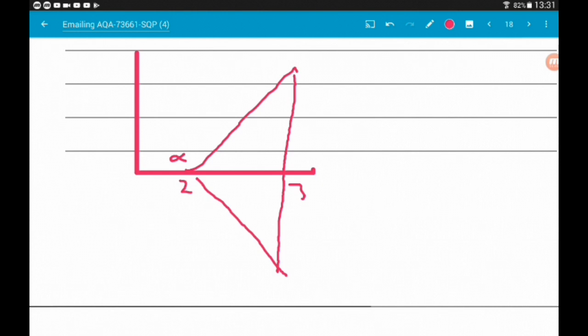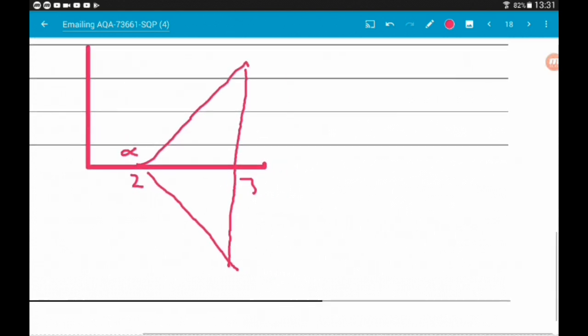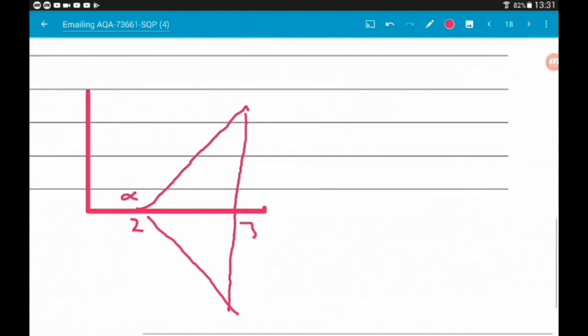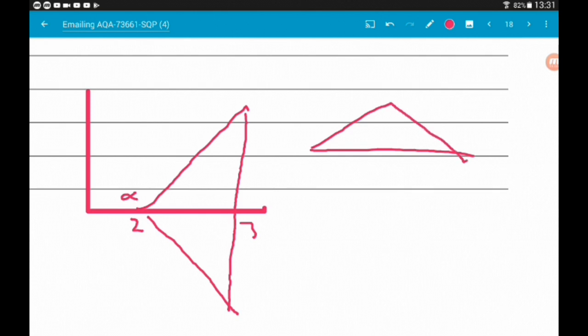Remember, we know that the area of this triangle is 8. So we need to work out what we need the length between the top root and the bottom root to be. I'm just going to make a little sketch of this triangle here. So we know we've got a height of 1.